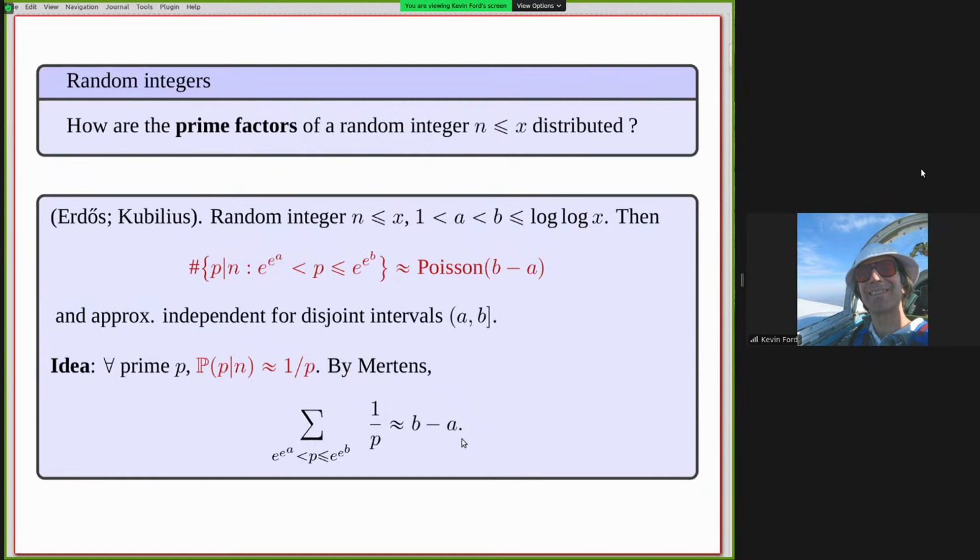But that gives you the center of the distribution. The whole distribution is given by a Poisson random variable. So if b minus a is large, by the central limit theorem, this approaches a Gaussian distribution. But in the case that we're going to be looking at, b minus a will be rather small. So the distribution is more discrete.